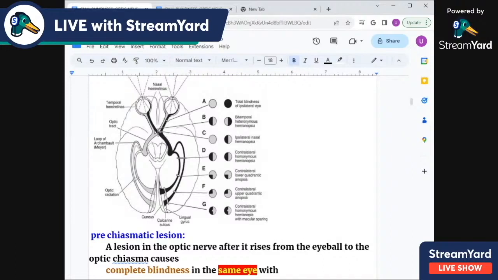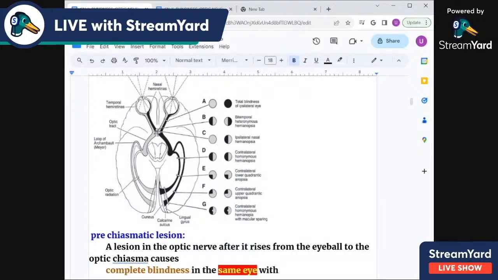So what will a lesion of the optic tract cause? It will cause blindness in the opposite half of both eyes. So a right optic tract lesion will cause blindness in the left side of both eyes. This is known as contralateral, on the left side of both eyes. This is known as homonymous hemianopia, contralateral homonymous hemianopia.